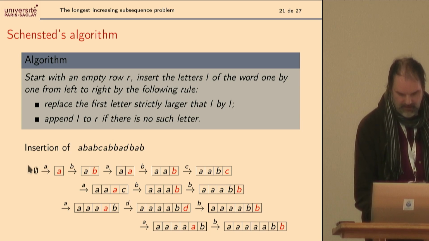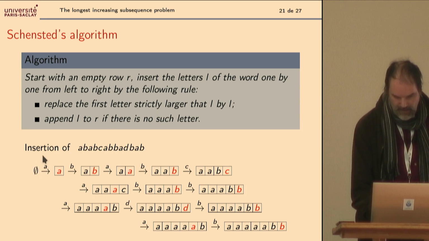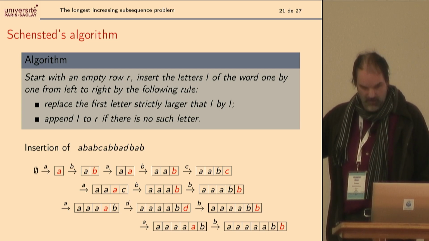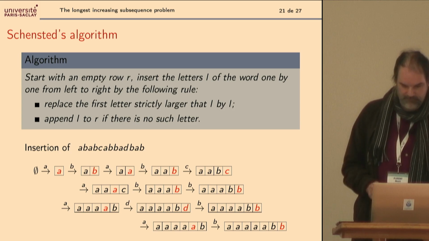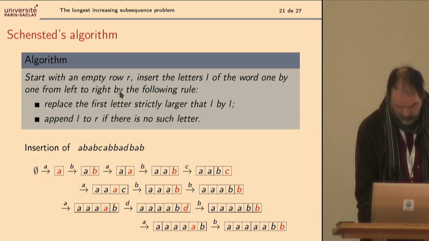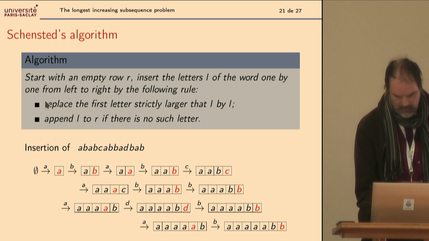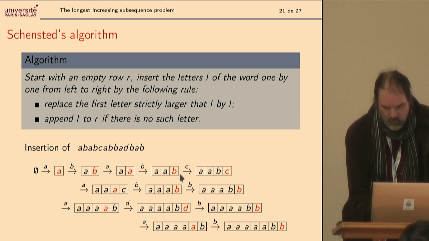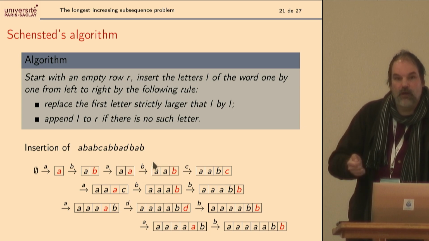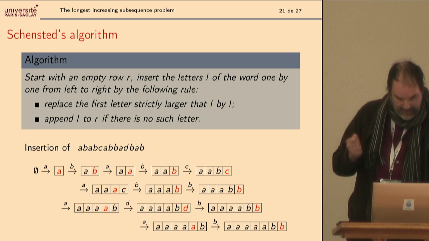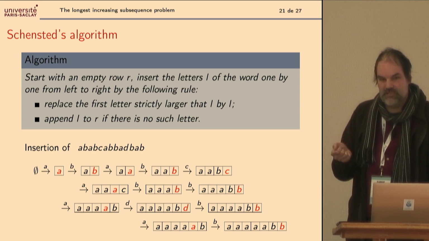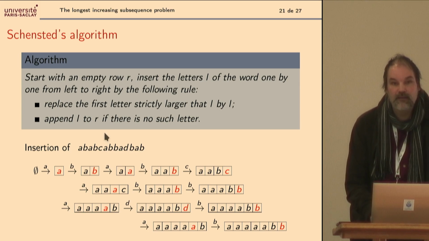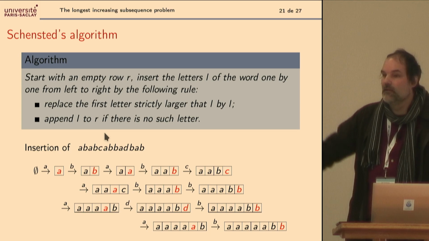So something quite elementary. And here is the algorithm to compute that. You start with an empty row, and you insert one by one the letters of the word into the row, following two rules. If there is a letter in the row which is larger than the letter you want to insert, you take the first letter which is larger and replace it. If there is no such letter, you simply append your letter.